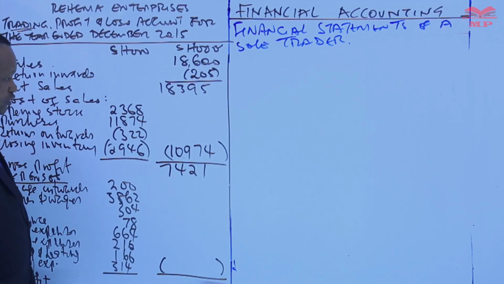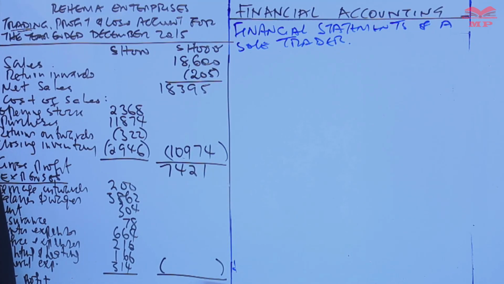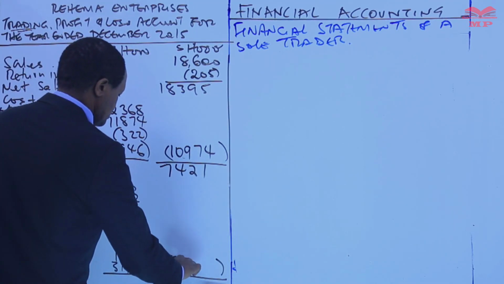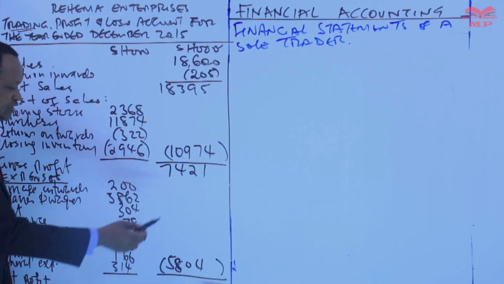So give me the total expenses. 5804. Deduct 5804 from 7421. What is the net profit or net loss? If it is 5804, then this is a net profit.